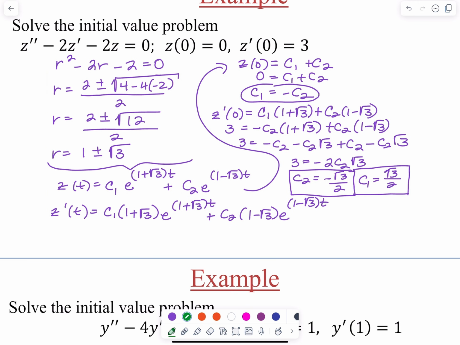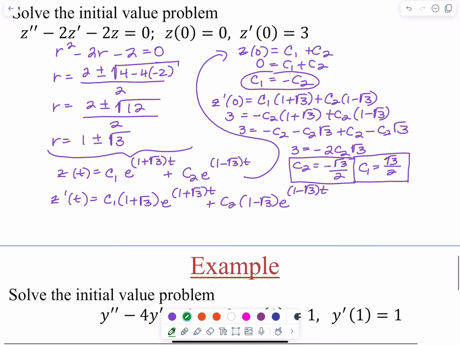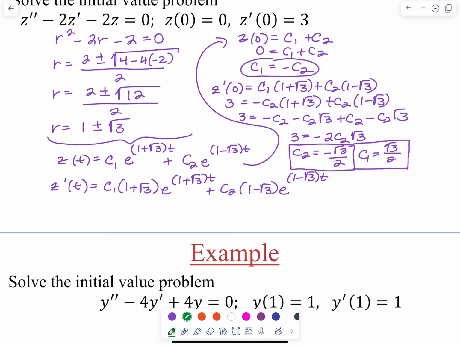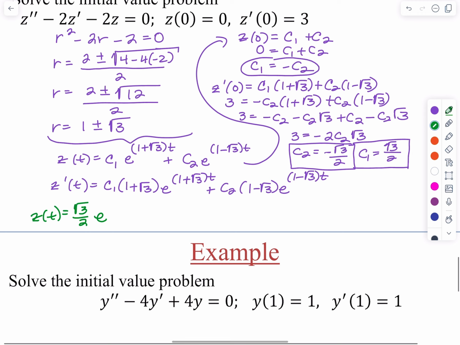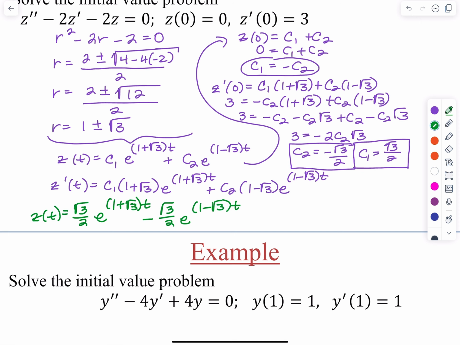And so let's go ahead and do that. We have z of t is equal to the square root of 3 over 2 e to the 1 plus root 3 times t minus the square root of 3 over 2 e to the 1 minus root 3 times t.